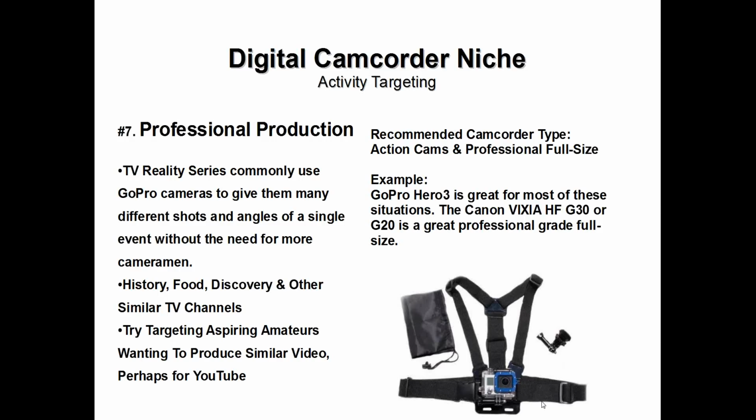This is what you could kind of see in the basketball picture that I was showing you earlier, where you're wearing a chest strap and it has the GoPro mounted to it, so you get a first-person perspective of whatever is going on. These are really, really common for use in this type of a situation.